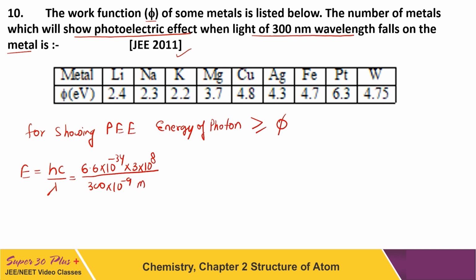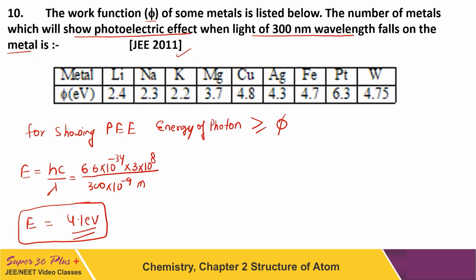After solving this, whatever the answer comes in joule, you will divide it by the electronic charge and convert it into electron volt, and the final answer of energy will be approximately 4.1 electron volt. So all the metals which have a work function phi lesser than 4.1 electron volt will show the photoelectric effect.